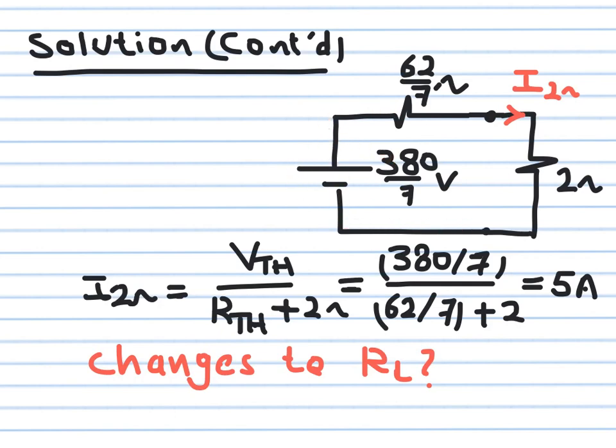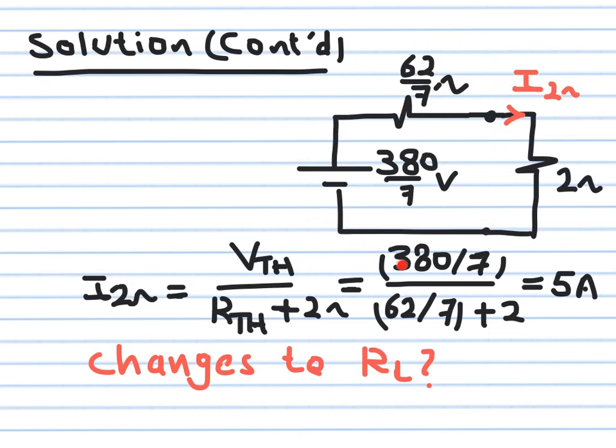This V Thevenin represents the effect of all your sources. And now we can calculate the current flowing in the 2 ohm resistor. I2 ohm will be V Thevenin over R Thevenin plus 2 ohm. Okay, this is the current flowing in this equivalent circuit. So the whole circuit has been replaced by this one.